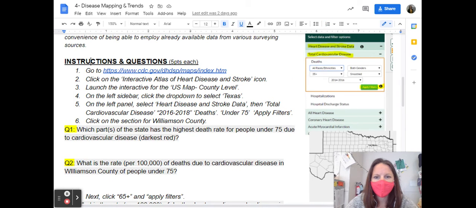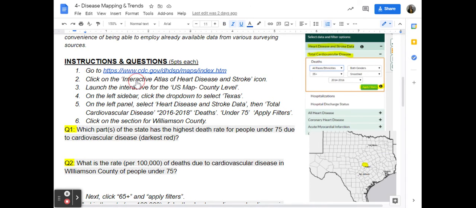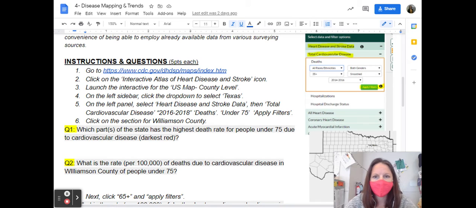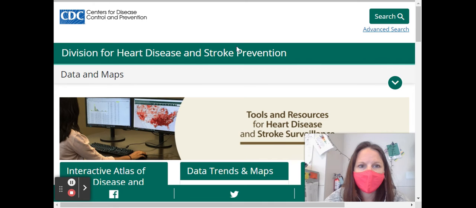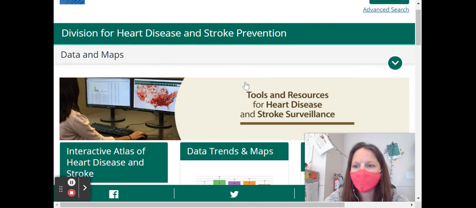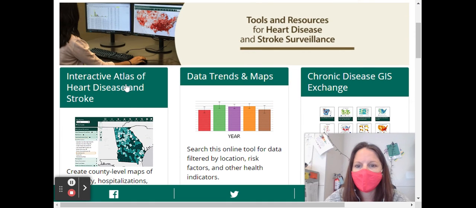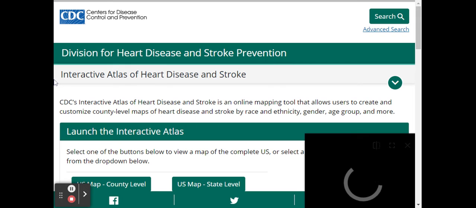Okay, so if you click on that link, it's going to bring up the CDC Maps site. And then if you go down where it says Interactive Atlas of Heart Disease and Stroke, click on that.